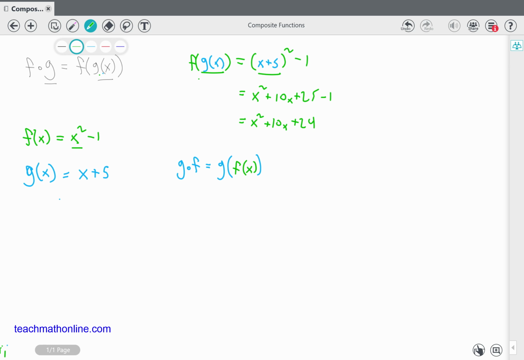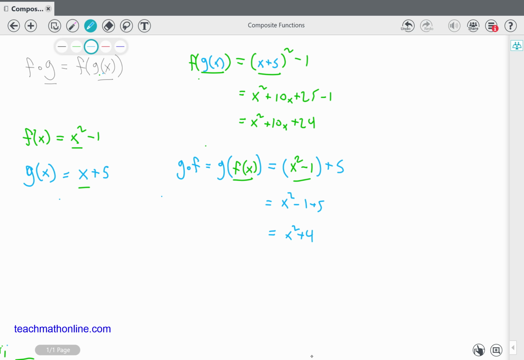So we're going to plug in f of x here, which is x squared minus 1, plus 5. So we plugged f of x into every x position of g of x, and this is just going to equal x squared minus 1 plus 5, which is x squared plus 4.